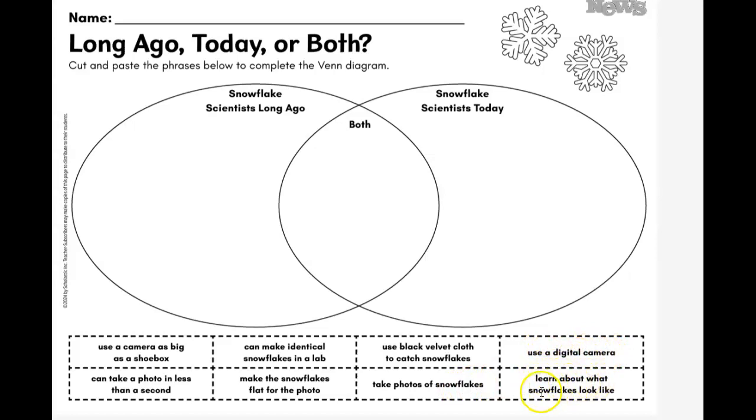Learn about what snowflakes look like. So as I read the Scholastic News, these sentences are either going to apply to snowflake scientists long ago and be glued here, they're going to apply to scientists today, or they could be for both of them and be glued in the middle. Here we go.